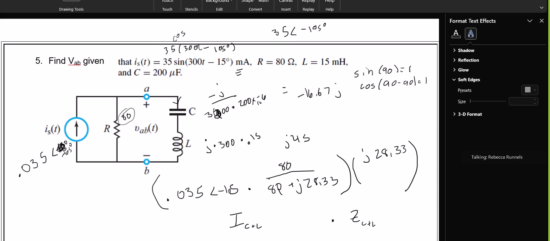Okay, minus 16.67J plus 300 times 0.015J.